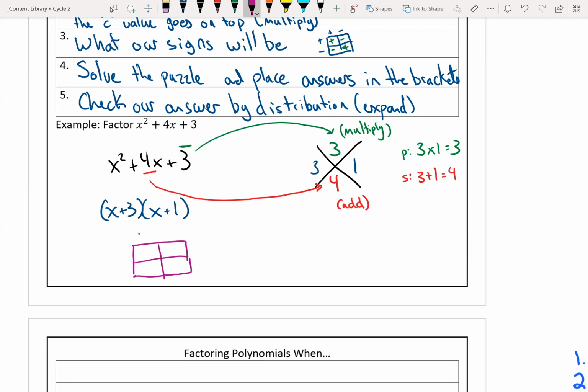I'm going to put one bracket on top, x and 3, x and 1 on the other one, and use my box method like we've done in the previous notes. And I'm going to add my like terms. And when I simplify it, I get x squared plus 4x plus 3, which is my original equation. So again, that's just one way to check your answer, just to make sure that it does work. So you should be able to go back to your original answer.